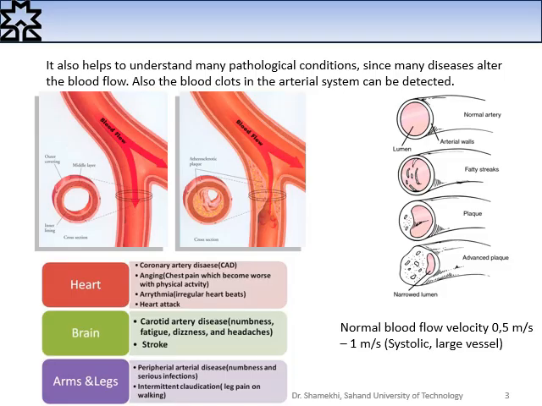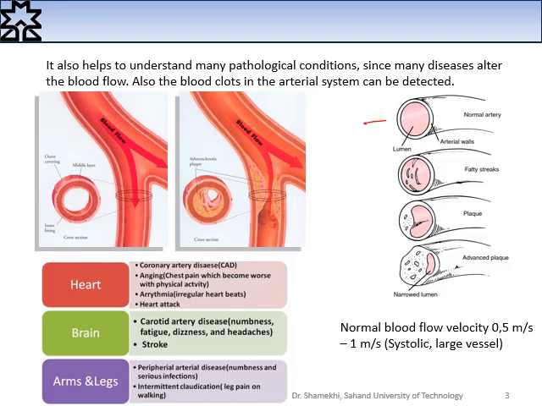If we can find the problems inside the arteries, we can prevent some major diseases at the earliest stage.